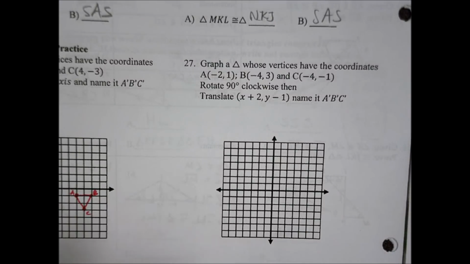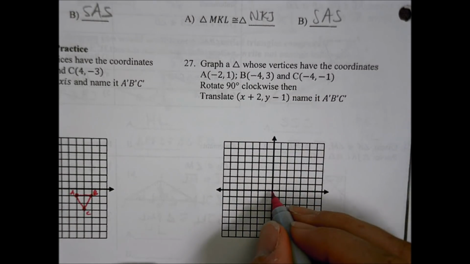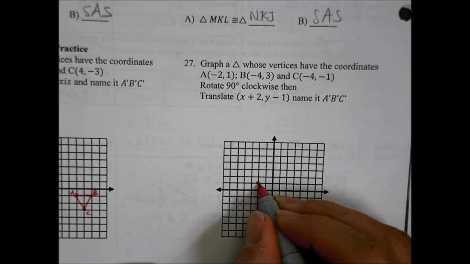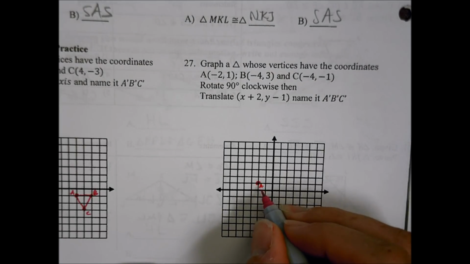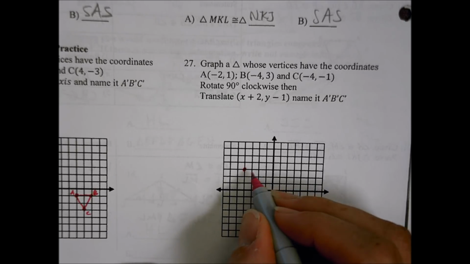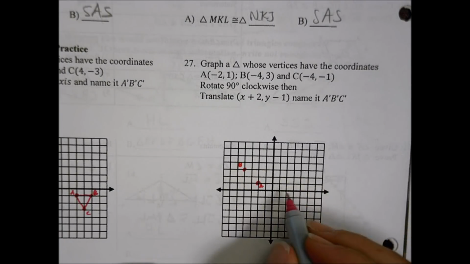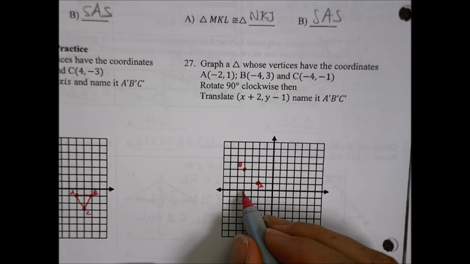For the next one, we do a couple steps here. First, we're going to graph this one, and we have -2, 1 is where point A is at, and then -4, 3, so 2, 3, 4, 3, 1, 2, 3 is where B is at, and then -4, same spot, -1 down here is where C is at.